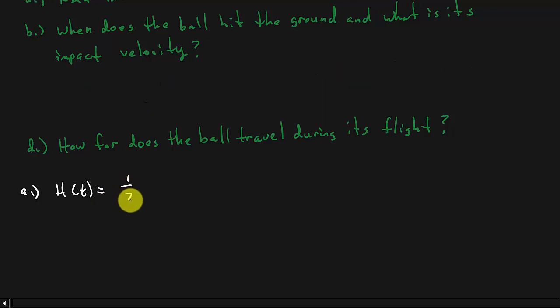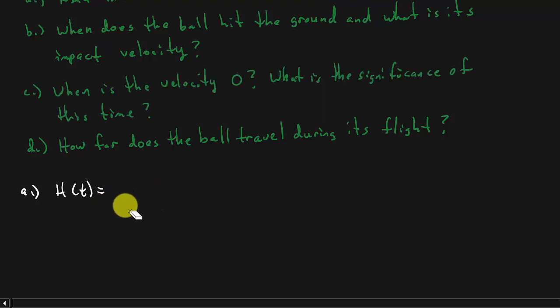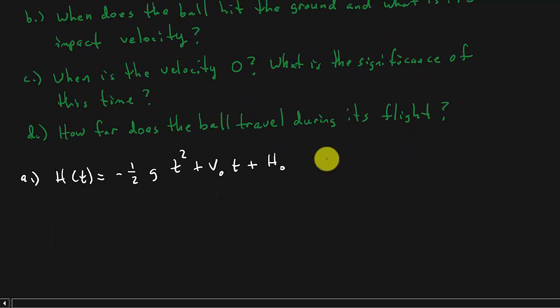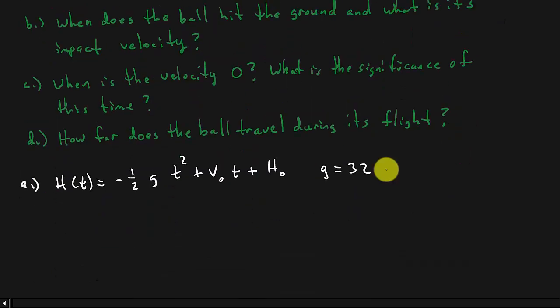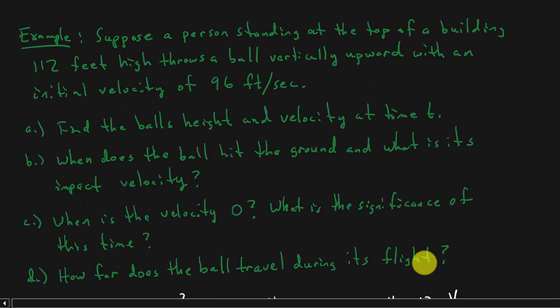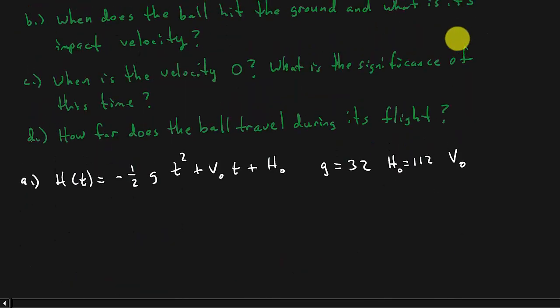So let's write our formula down. Negative 1/2 g t squared plus v naught t plus h naught. Now you can see in our problem that g is equal to 32, right? Because we're in feet and seconds. The initial height is 112, so h naught is 112. And then v naught, the initial velocity, is 96 feet per second.